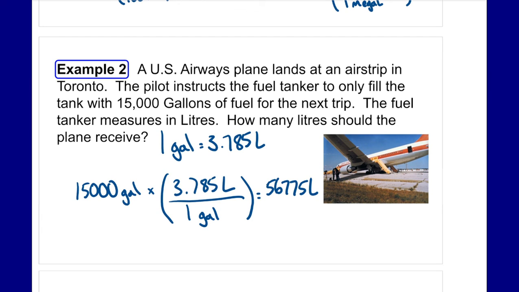Essentially, a plane was filled with an incorrect amount of fuel due to a conversion error, and the plane had to land on a small landing strip or airport in the middle of Manitoba. So this has real life consequences, because if you make a conversion error like that, there are some terrible accidents that could happen.